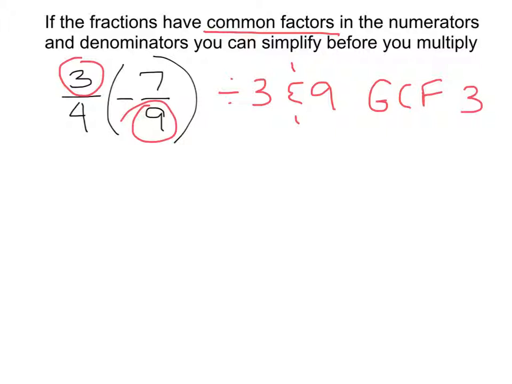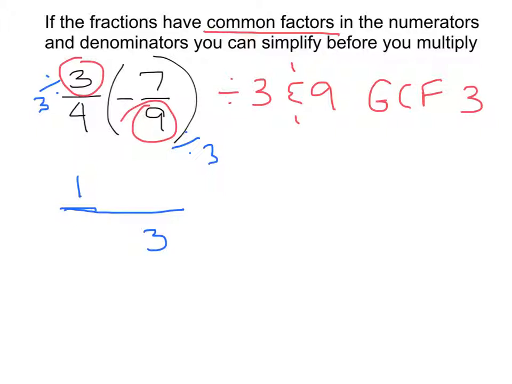So 3 divided by 3 is 1, so we have 1 as our numerator. 9 divided by 3 is 3, so that goes in our denominator.